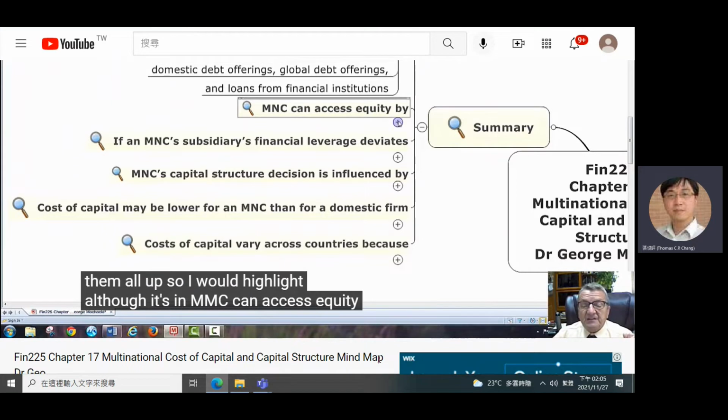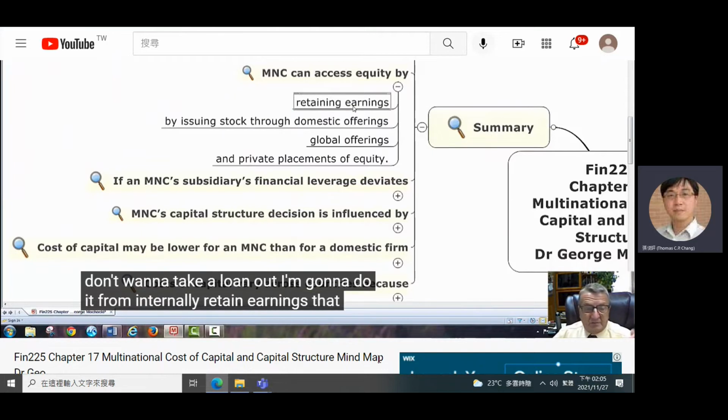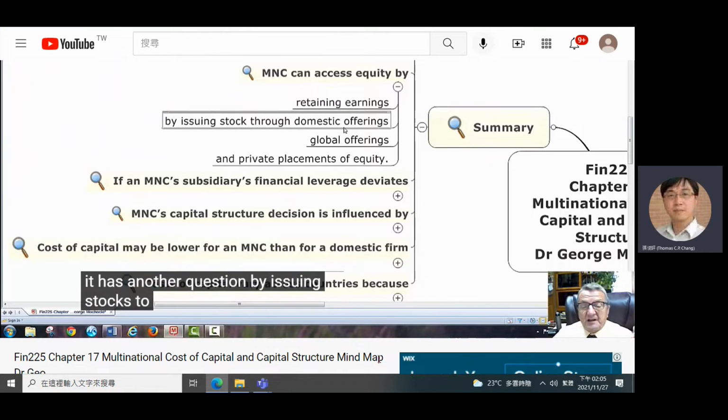MNCs can access equity. Now I don't want to take a loan out. I want to do it from internally: retained earnings. Remember, that's another question. By issuing stocks through domestic offerings as equity, I have more partners, so I'm giving up some of my control. Make sure I keep the majority, because if I sell too much stock and they buy more stocks, then all of a sudden they're the controlling interest.